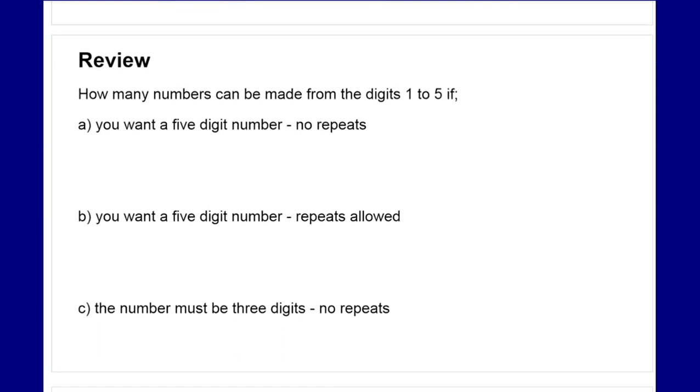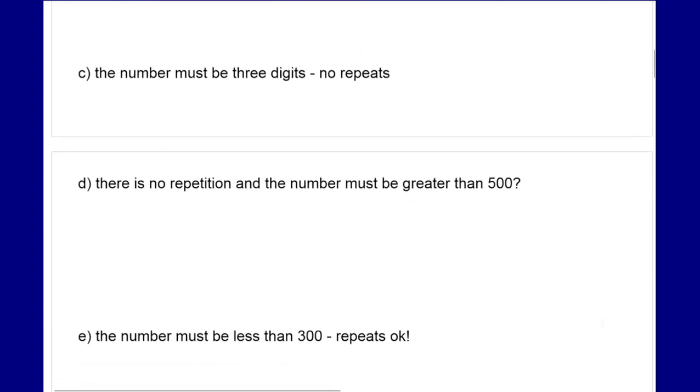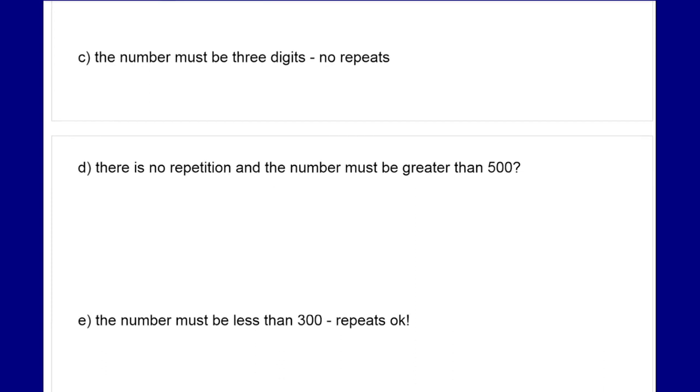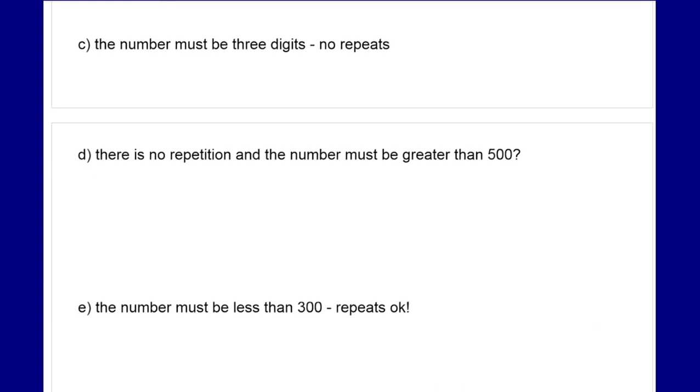to 5 if A, you want a 5-digit number with no repeats, B, you want a 5-digit number with repeats allowed, C, the number must be 3 digits, no repeats, D, there is no repetition and the number must be greater than 500, and E, the number must be less than 300 and repeats are allowed.